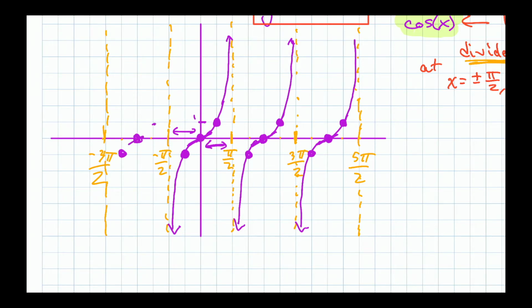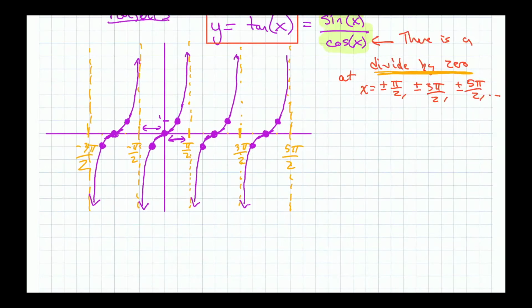Oops, I didn't put these points in. Okay, so there's some pictures of a tangent graph. All right, and you want to be able to draw that as well. And so the easiest way to do that is to think about this way. So one period of the tangent graph looks like this.